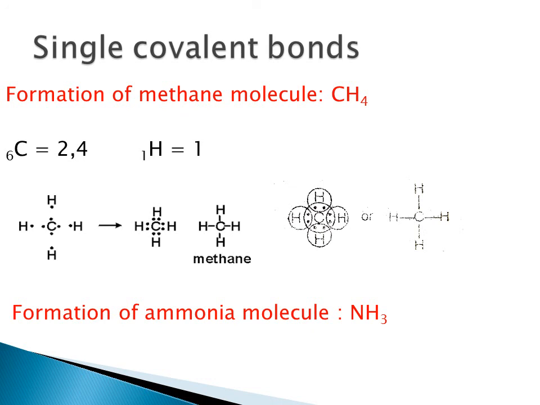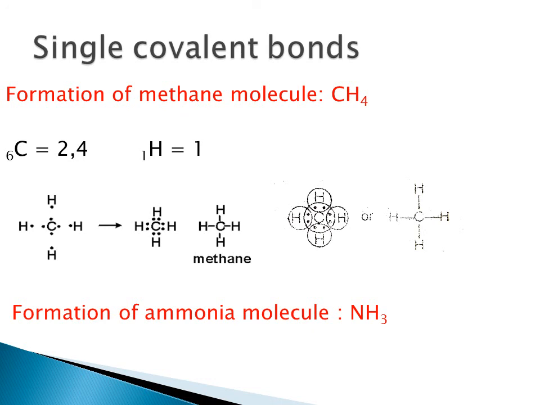As a result, after sharing of electrons, one can see in the valence shell of all these 4 hydrogen atoms the presence of 2 electrons, which gives stability to all 4 hydrogen atoms. And after sharing, we can see the presence of 8 electrons in the valence shell of carbon, which makes it stable.